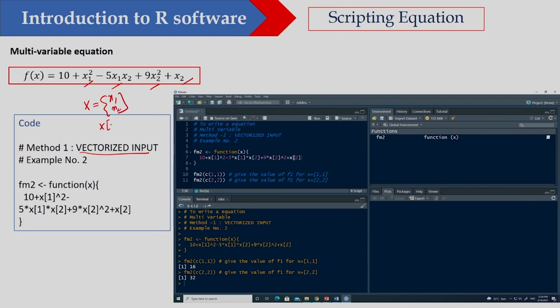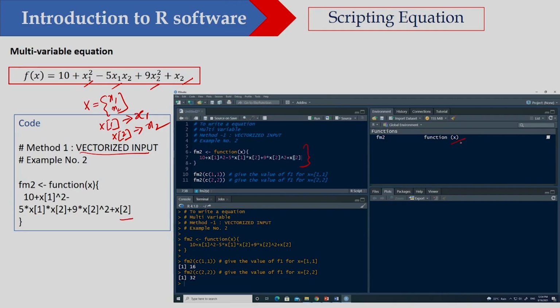If I write x1, that means this is your x1, and if I write x2, this will be your x2. So, I have written the function here.